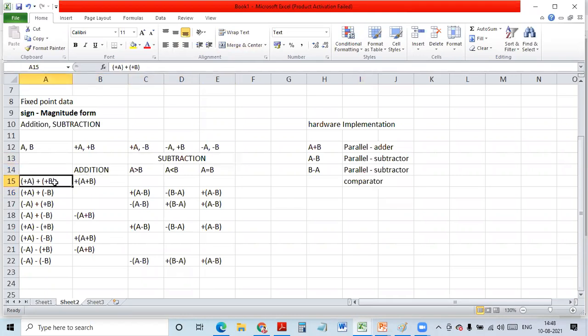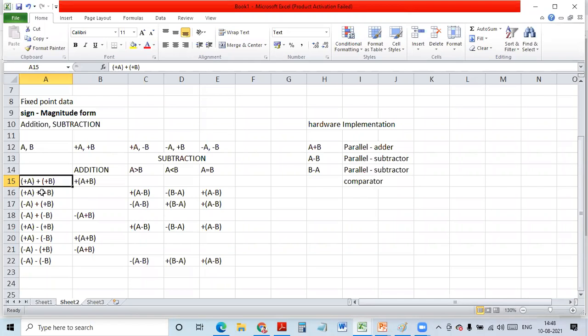If both the signs of the numbers are the same and the operation you want to perform is addition, then you go by addition. If the signs of the numbers are different and the operation is addition, you go by subtraction, right? So you require the relationship between the signs of the two numbers, whether the two signs are the same or different.